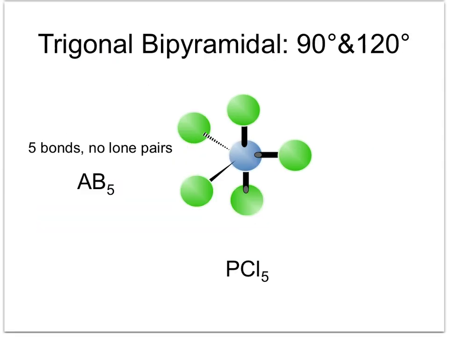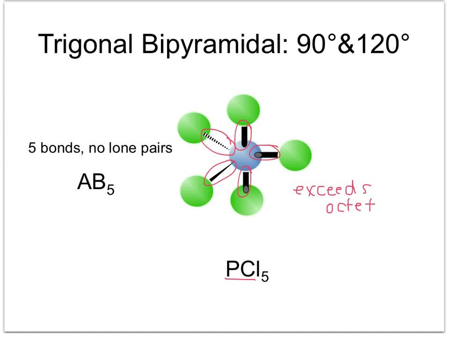The next shape we want to look at is the trigonal bipyramidal shape. And if you take a look at the picture of PCl5, you'll notice that there are 10 bonding electrons, or 5 pairs. And that exceeds the octet. Now, you've been told that elements want to maintain an octet. What I didn't tell you is that there are some elements that can exceed the octet.